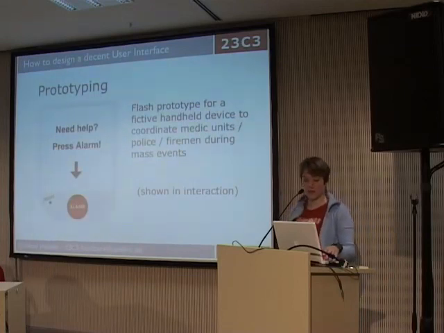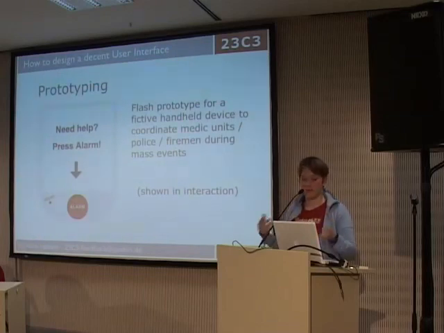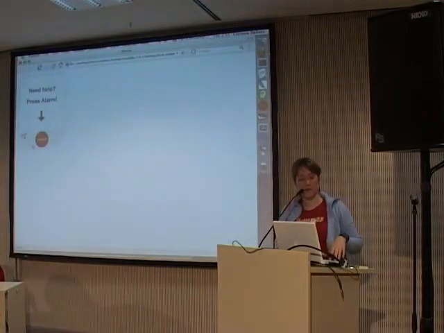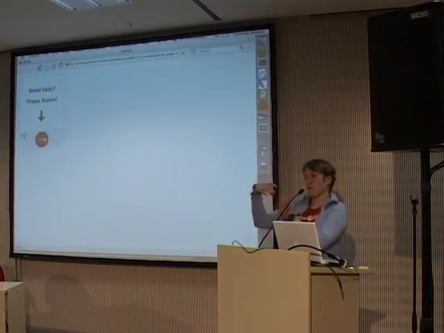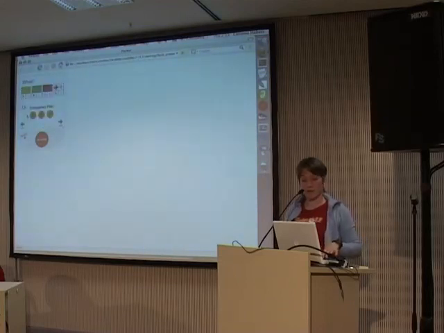The second prototype example is a Flash prototype. This is also fictive, and it's a handheld device to coordinate units in a mass event, like medics, police, firemen, security. And here it is. So it would be the size of a PDA, and here you can already interact with it. It would have a touch screen.